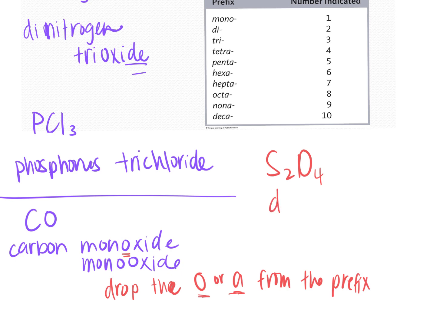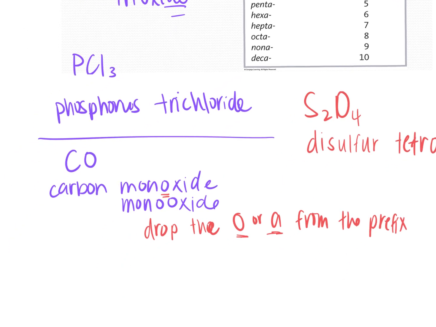I would call this disulfur tetroxide, not tetraoxide. Okay, it's not a huge deal, but it's more the way that we speak these compounds. So disulfur tetroxide.